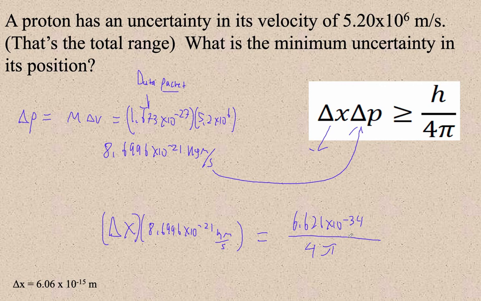All right, here we go. I can do this. 6.626 e minus 34 divided by 4 divided by pi. Divided by the answer I just got is 6.06 times 10 to the minus 15th.